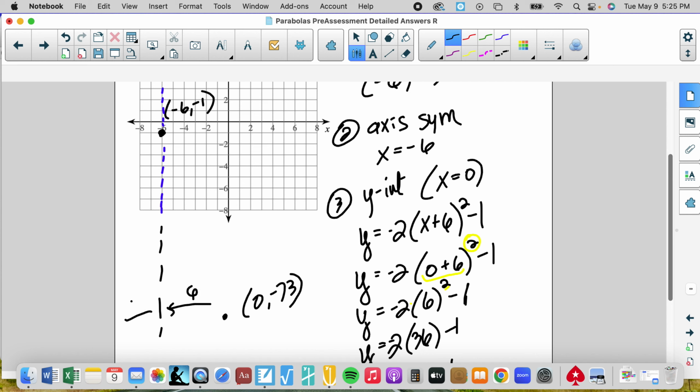So we're going to move 6 in this direction on that same horizontal value of -73. What is my coordinate on that mirror point? Well, that's going to be -12, -73. That's going to be the mirror point.